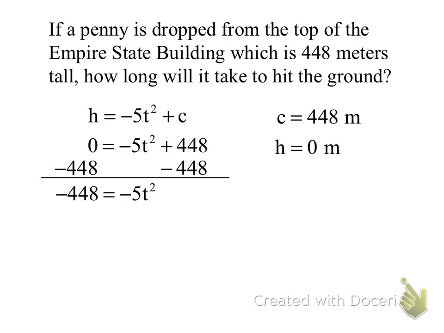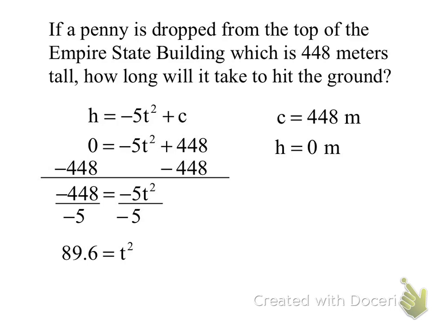Okay? What he's saying is you could have done it that way too. Okay? So now what would we do? How about Christian? We divide by -5 on both sides of the equation, and we get t squared equals 89.6.